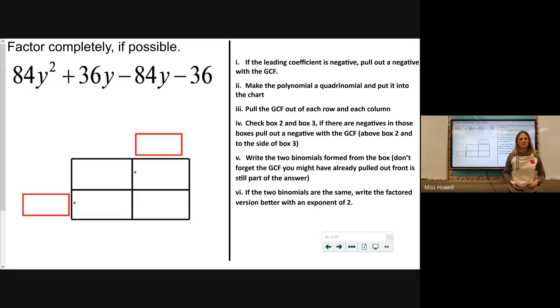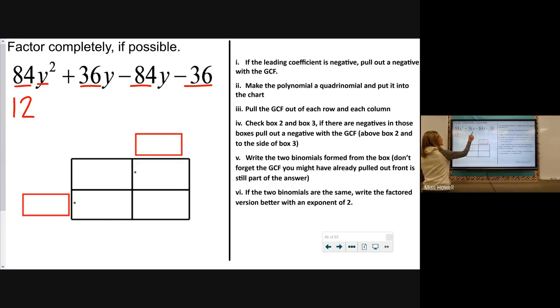Maybe it's 2, maybe it's 6. If I'm not sure, I go to my scratch paper, do my chart and my trees, and see what that GCF value is. For this particular problem, the biggest thing that 84, 36, negative 84, and negative 36 have in common is the number 12. So we're going to factor that out.